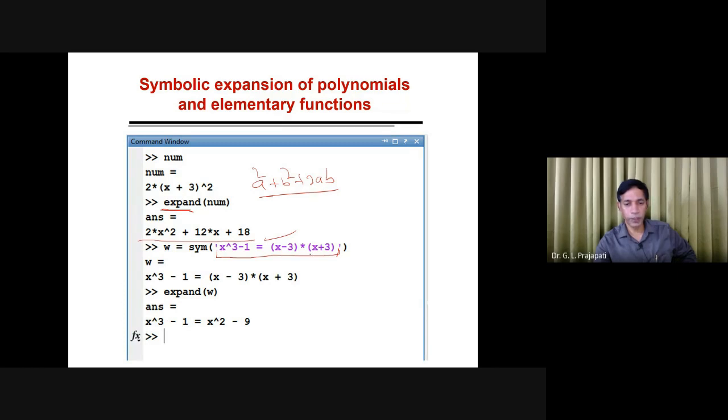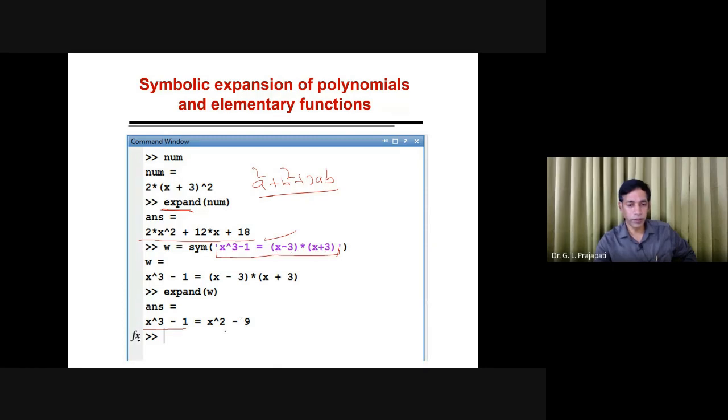If you just multiply these two, x to the power 3 minus 1, this is the left side, and on the right side you can see x minus 3, x plus 3. If you multiply, then you are getting this thing. So do you know how to multiply?